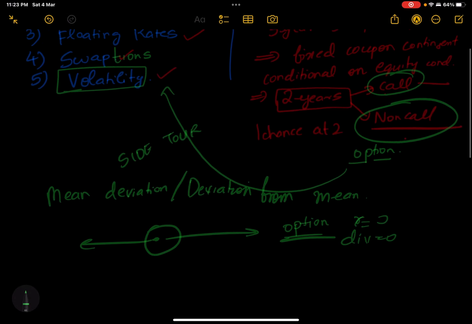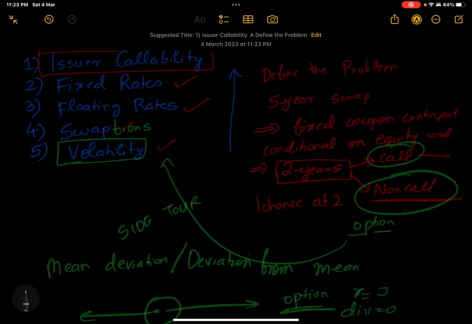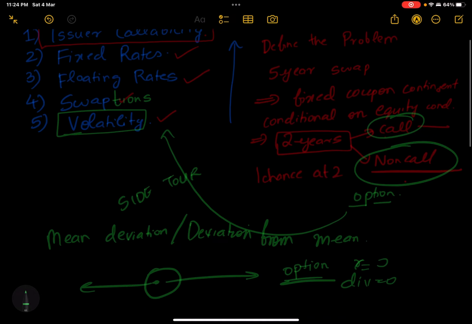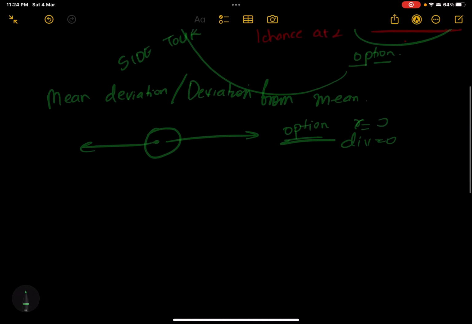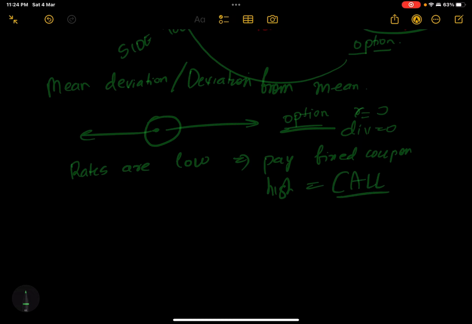And in the interest rates world, because we are talking about rates, right? I would not want to pay a coupon when the rates are very low. When the rates are high, fine, I'm okay to pay a very low fixed coupon, right? So when rates are low, then if I am paying a fixed coupon which is high, I will call the structure.